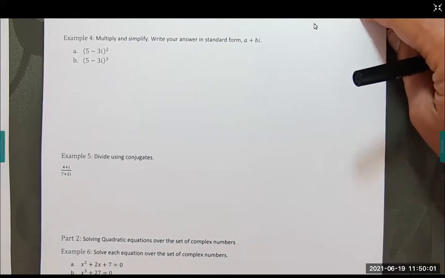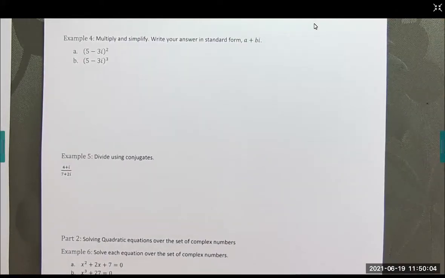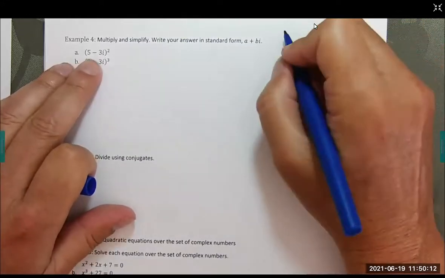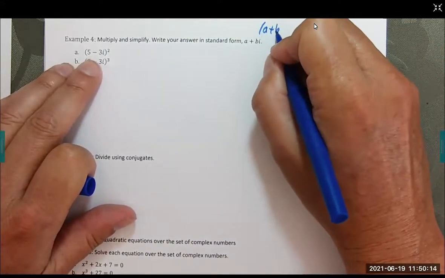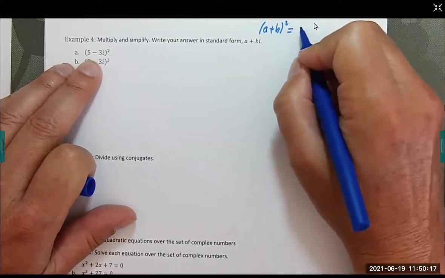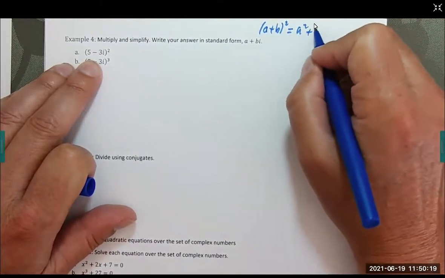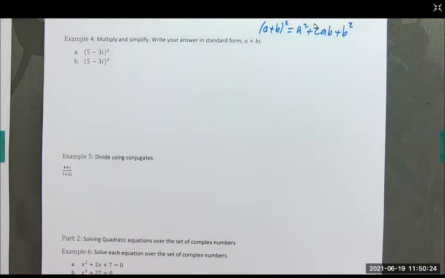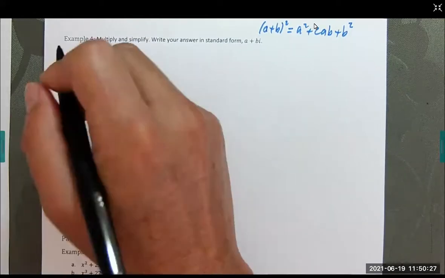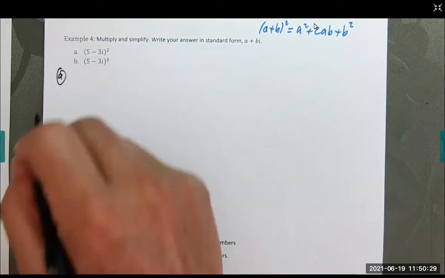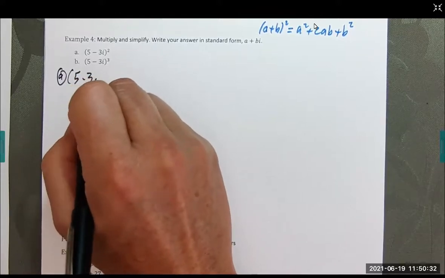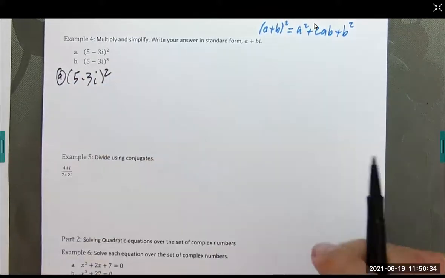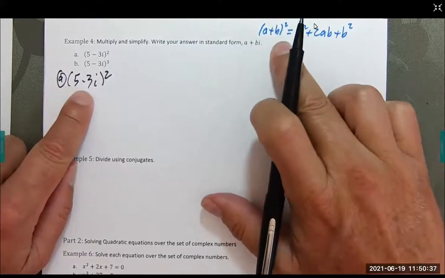All right. So I'm going to use this rule, this next part. This is a perfect square rule for part A, where A in this case is 5, B in this case is negative 3i.